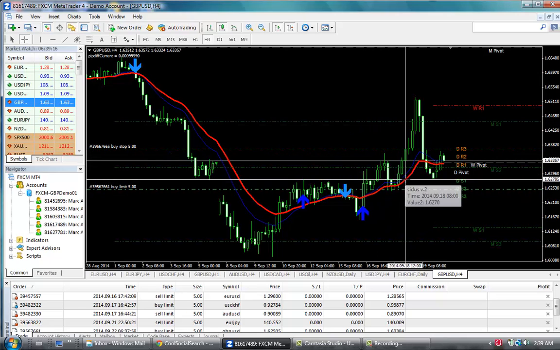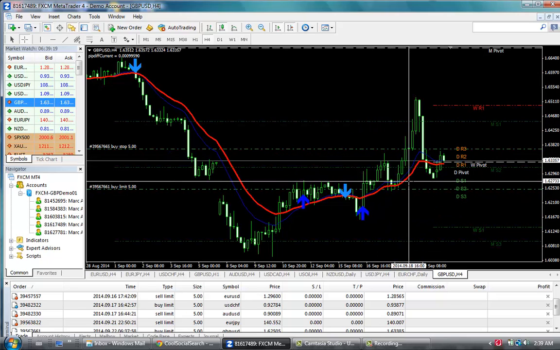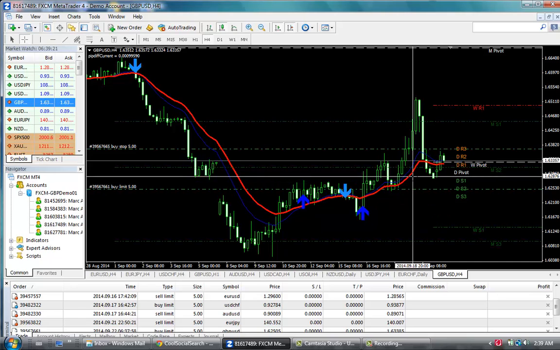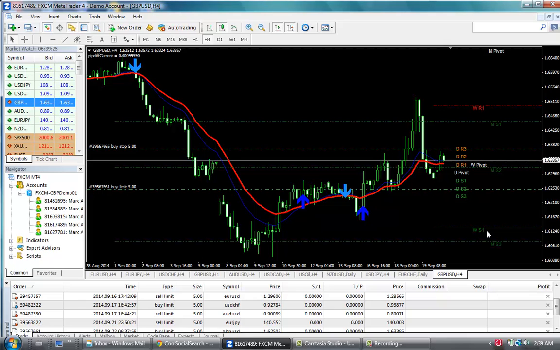Maybe when it breaks the previous dip. That's when I decide, okay, I'm wrong and I have to get out. I'm just giving you an example. That's how you place the orders. That's buy limits, buy stops, sell limits, and sell stops. That's the lesson for the day. We'll learn how to use the systems to place these kinds of orders on the next video. So have a great day and stay tuned.